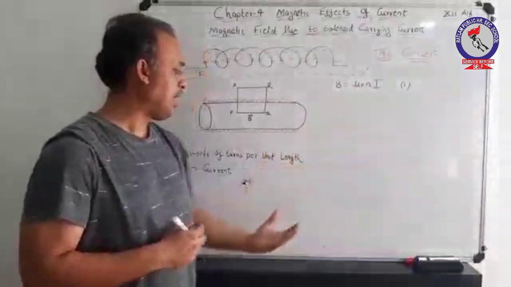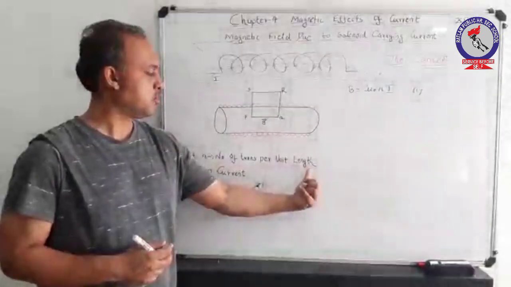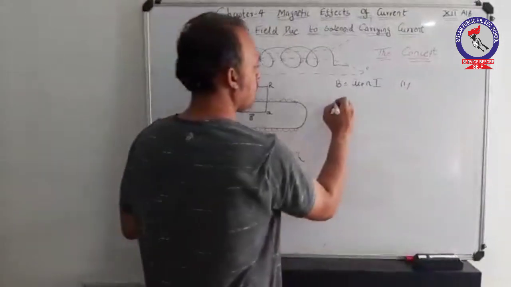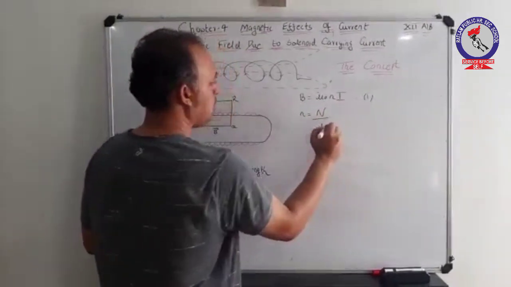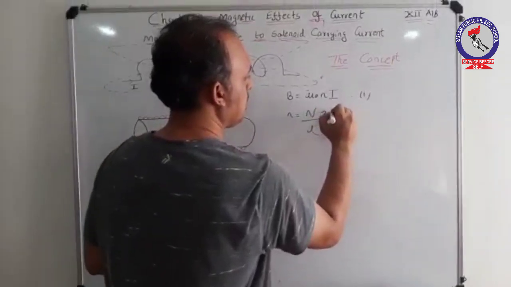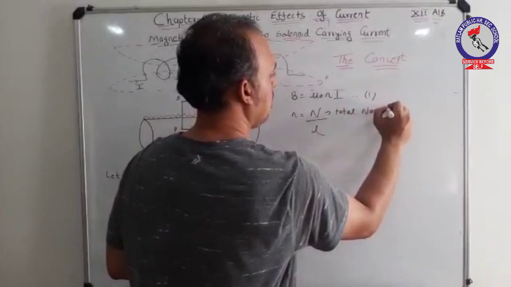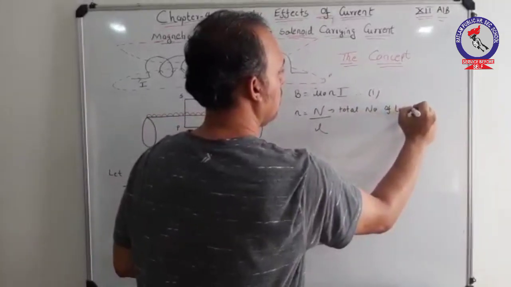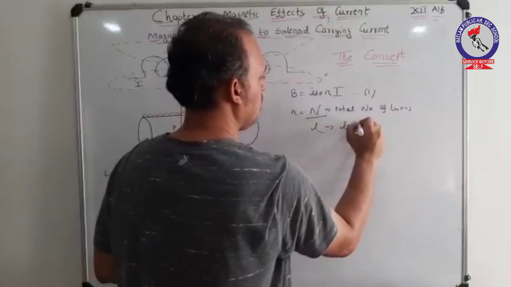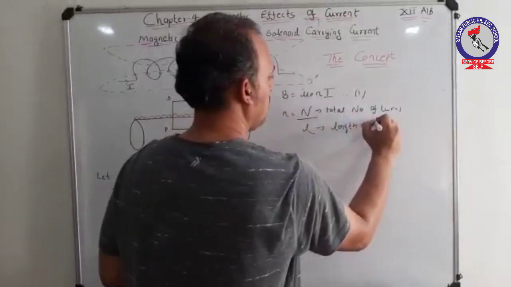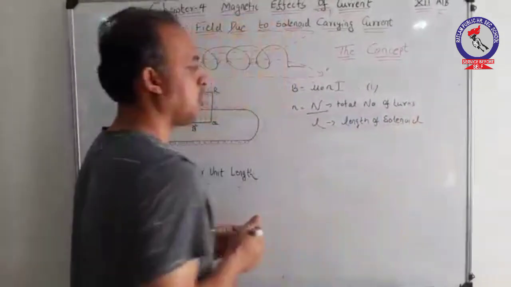You all know, as I had considered, that n is the number of turns per unit length. That is, n is the number of turns per unit length, where N represents total number of turns and L represents length of solenoid.